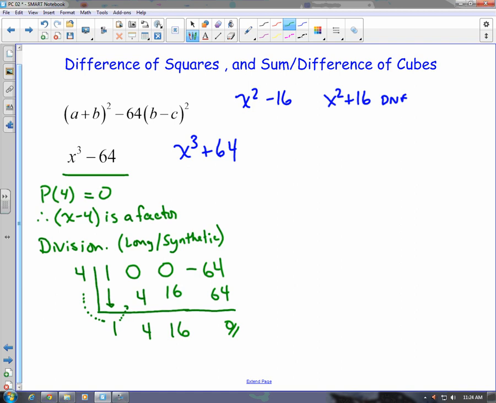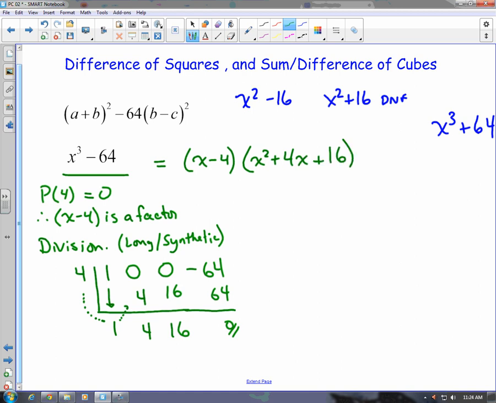That way I know that my division is done correctly and I've got the right factors. So, at this point, I'm just going to move this over here. x cubed minus 64 factors down into x minus 4 and x squared plus 4x plus 16. Now the question is, does x squared plus 4x plus 16 factor down? This is where I asked the questions before.